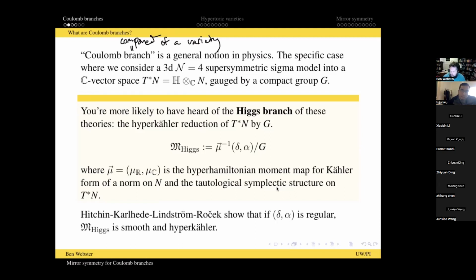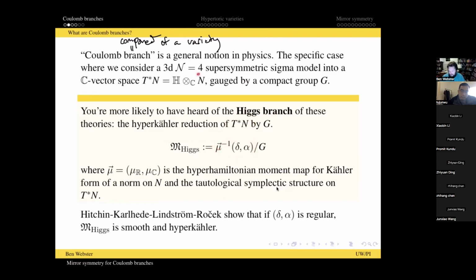All right. So if you've encountered this theory, you're much more likely to have heard about it in the context of this Higgs branch, which mathematicians usually call hyperkähler reduction. This means that I take this T star of N, I have a hyperkähler moment map.